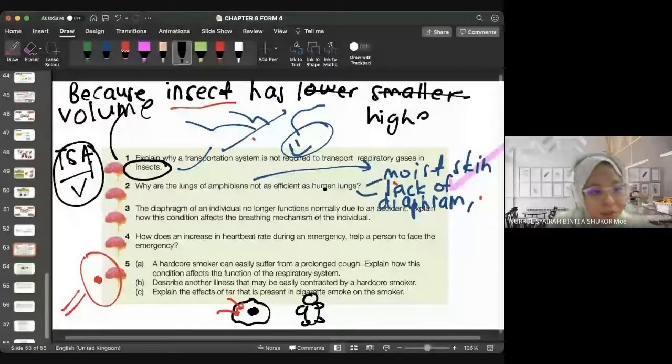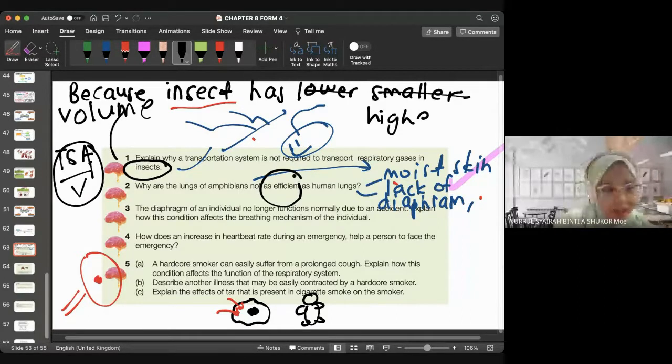Most of the gaseous exchange relies on skin, compared to humans who rely completely on lungs. Second, the structure: it lacks a diaphragm and intercostal muscles that allow the buccopharyngeal cavity to contract and relax at a faster rate as compared to humans. That is a perfect answer.